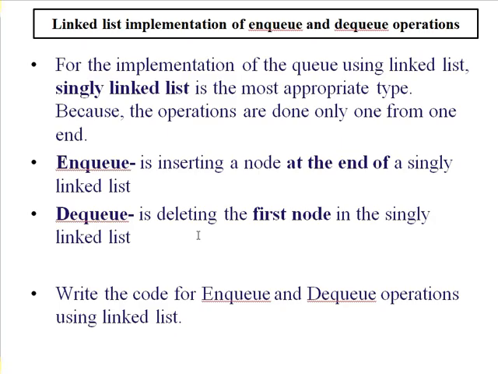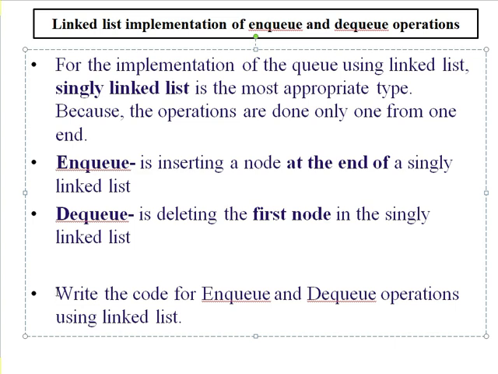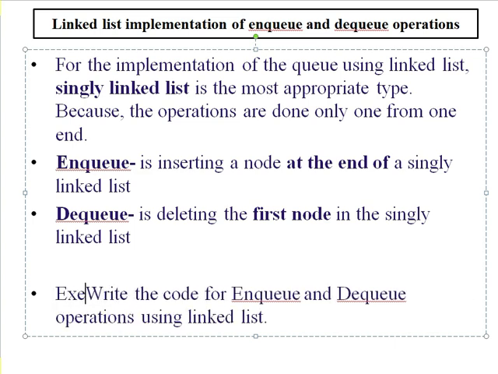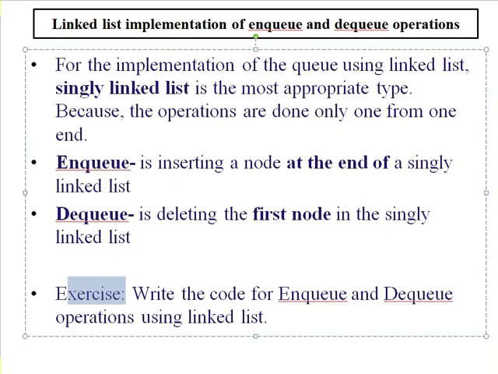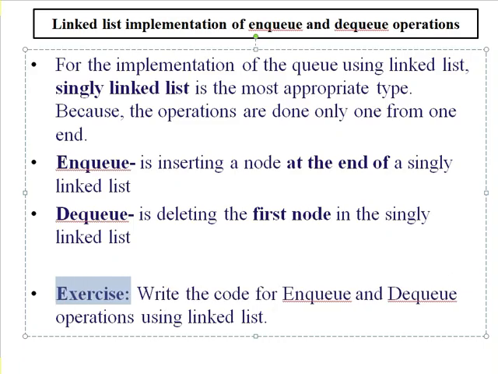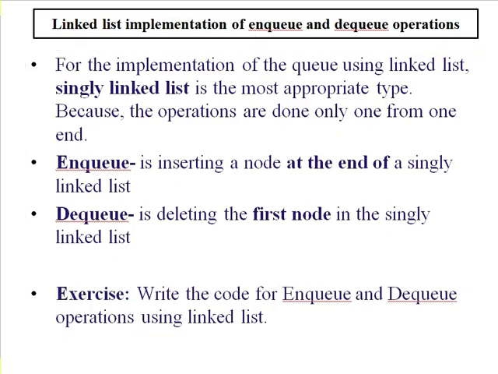So here you are just expected to write the enqueue and dequeue operations because they are very simple. So take this one as an exercise and write the enqueue and dequeue operations.